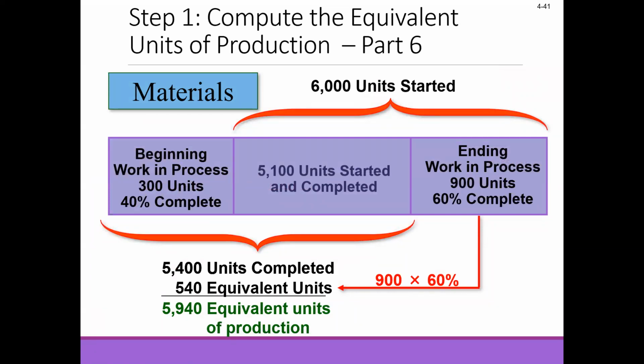So if we had 5,100 units started and completed, and we have our ending work in process of the 900 units, 60% complete, those show the units we started in the month.